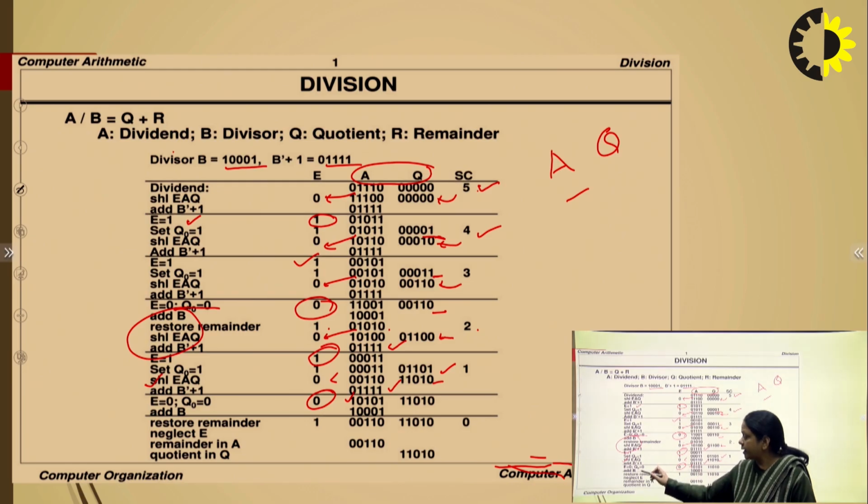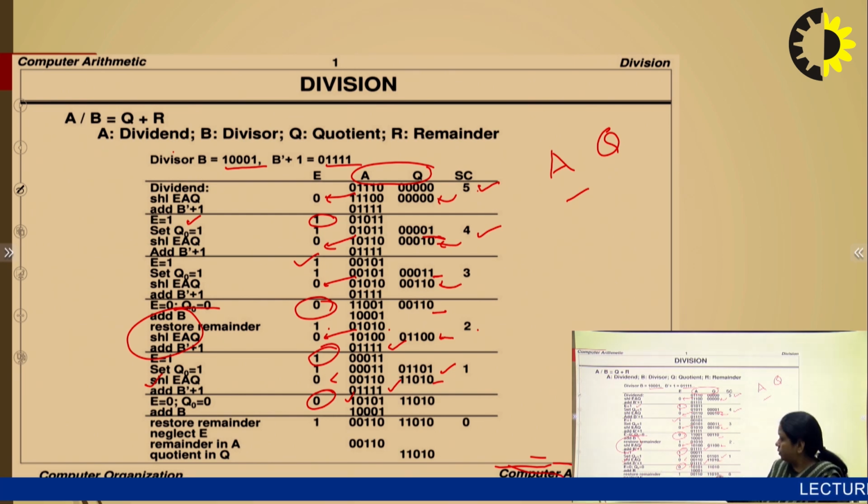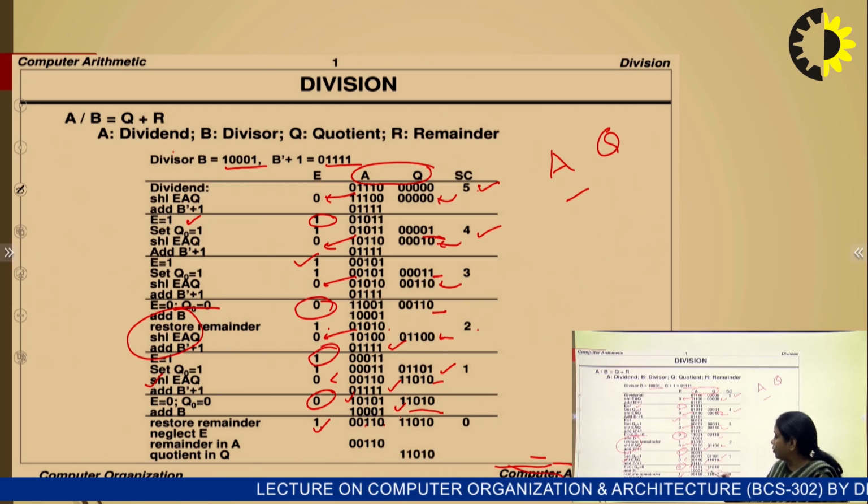Now next step is, because the value of E is equal to 0, we have to add the B also here. Because again this is the restoring step. So we will add the value again. And we will get here in the remainder, in the E we have 1, in the remainder we will have 0, 0, 1, 1, 0 and in the Q register we have 1, 1, 0, 1, 0.